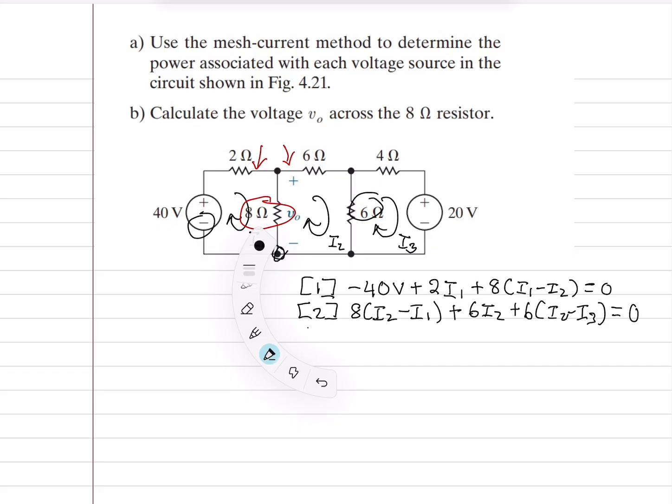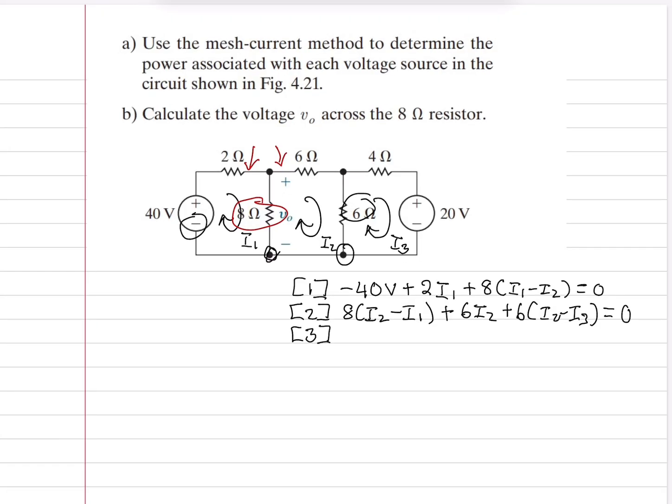So, moving on to the third mesh equation. I'm going to start with 6 ohms multiplied by the third mesh's current minus the second mesh's current, since we're writing the equation for the third mesh.